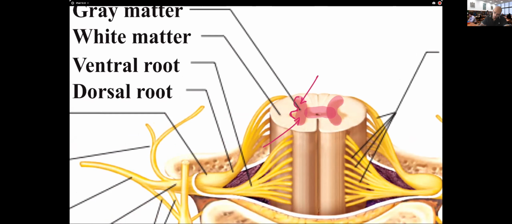From the dorsal horn, this is where I receive the sensory impulses, so I'm connected to the dorsal root of the spinal nerve. Those nerve fibers here are sending the sensory impulses to the spinal cord. And the ventral root is the one that will be sending out the motor impulses, connected to the ventral root of the spinal nerve.